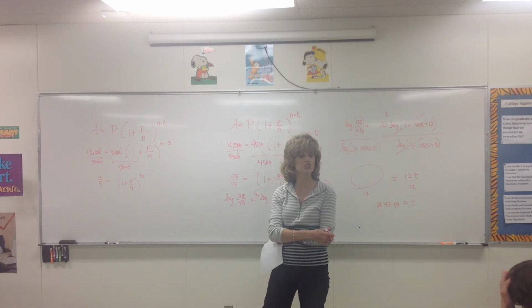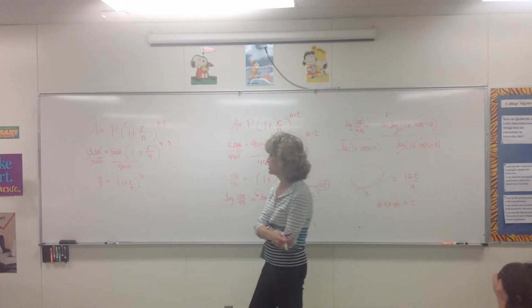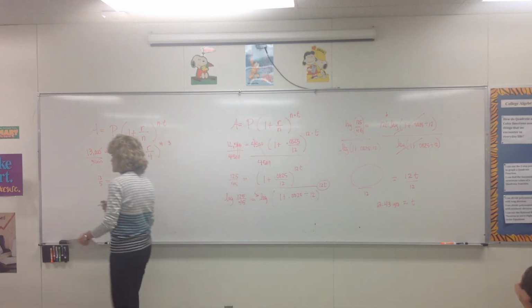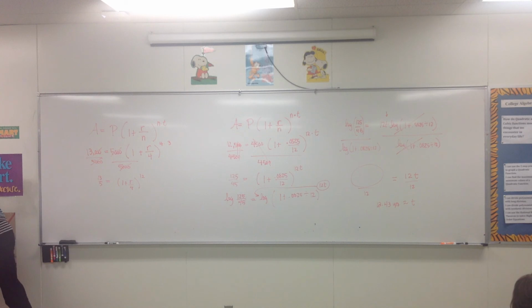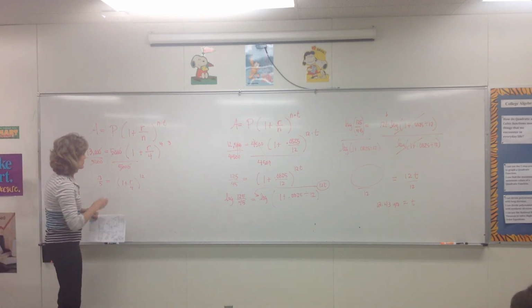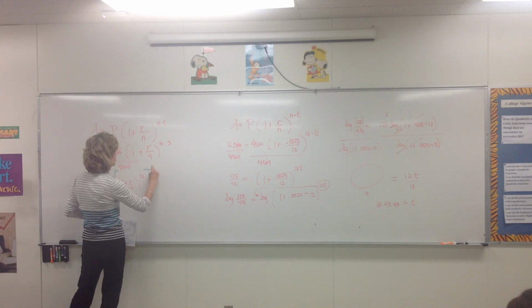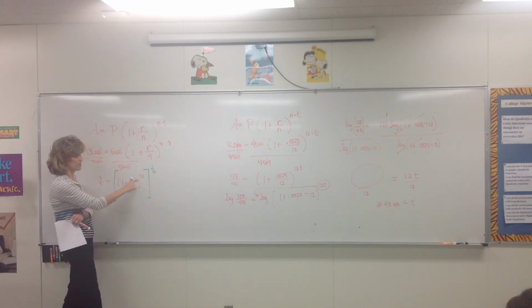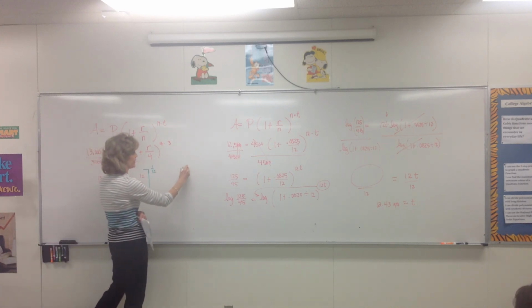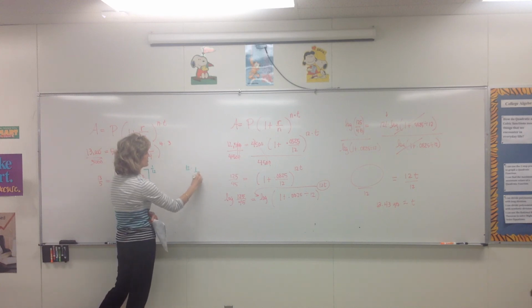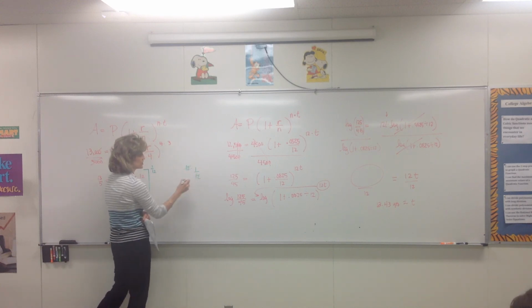Okay, y'all be with me, we're nearly finished. You could take a 12th root, or you could realize the same thing as the 12th root is raising both sides to the 1/12th power, because the rule says when you have a power to another power, you multiply. And if you multiply 12 times 1 over 12, you just get 1.